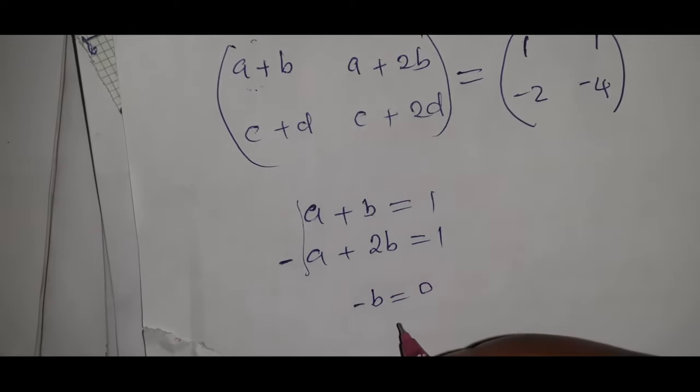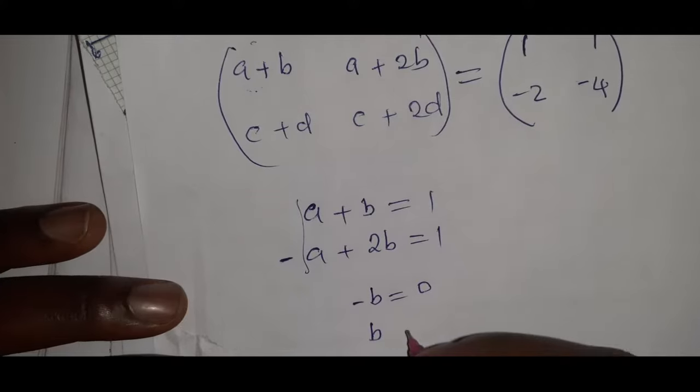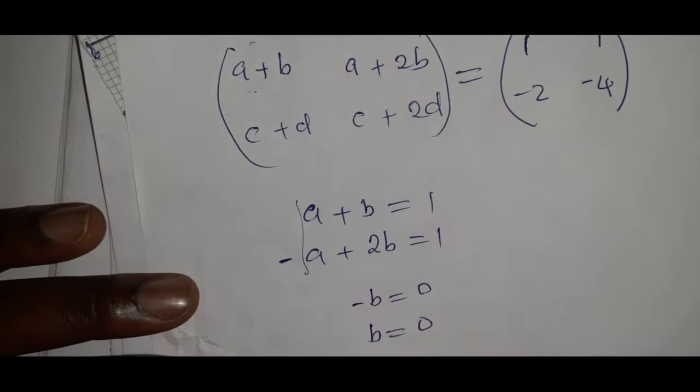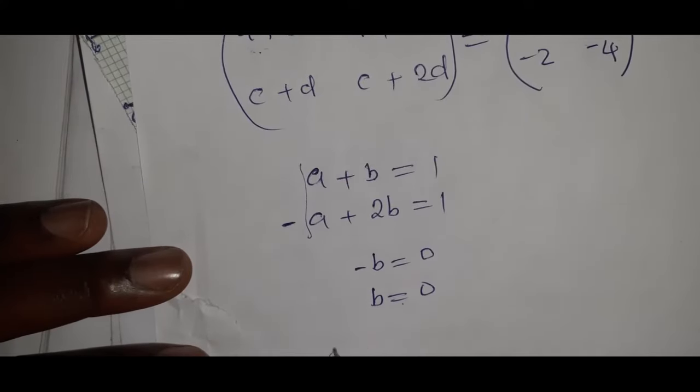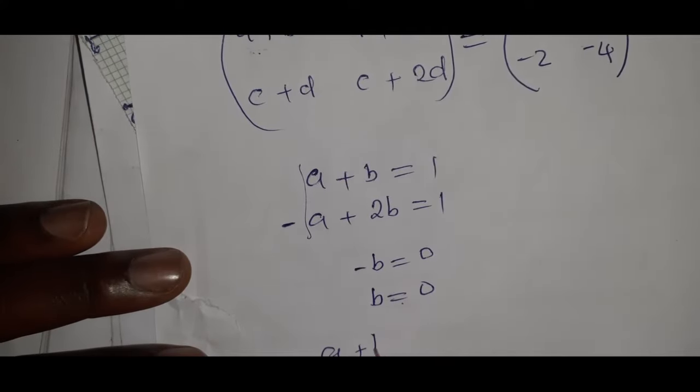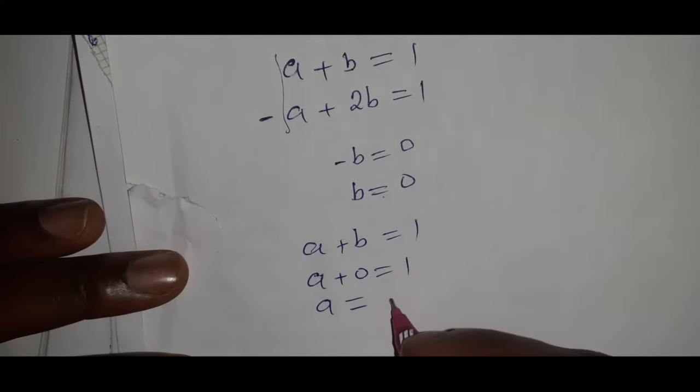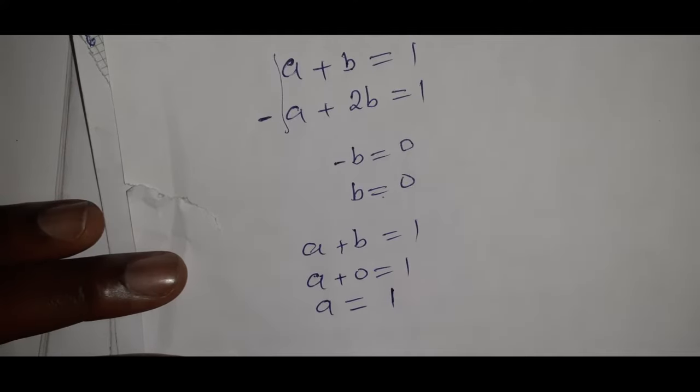So B is equal to 0 when you divide both sides. Then if B is equal to 0, then A is equal to 1.